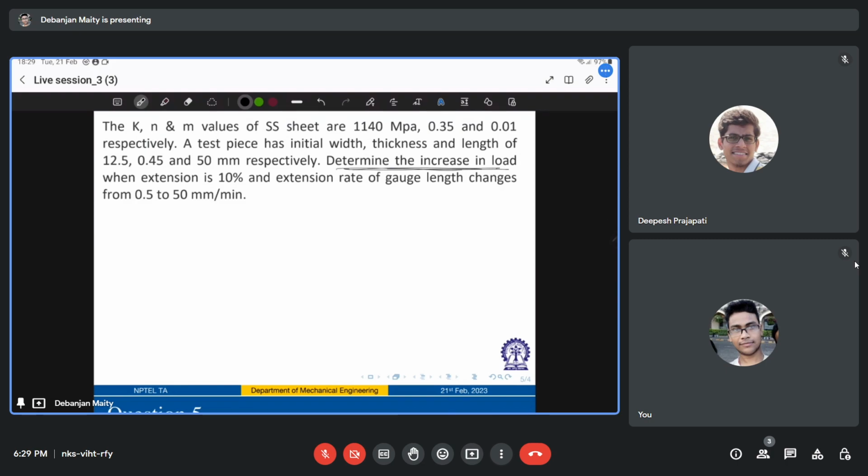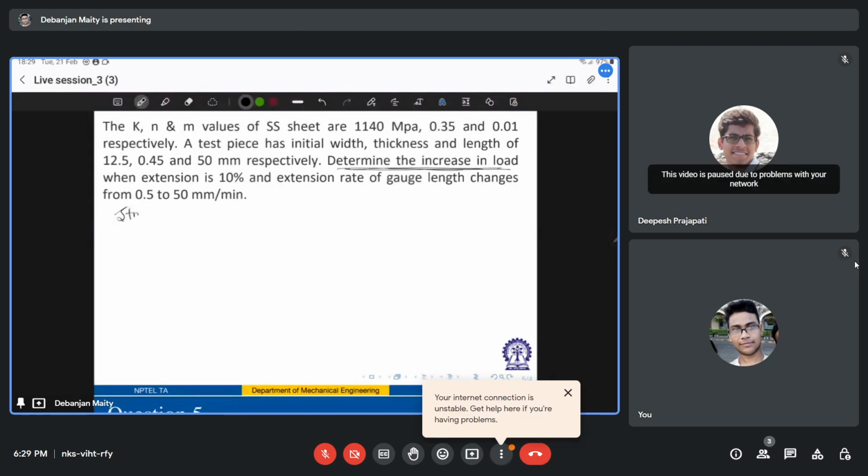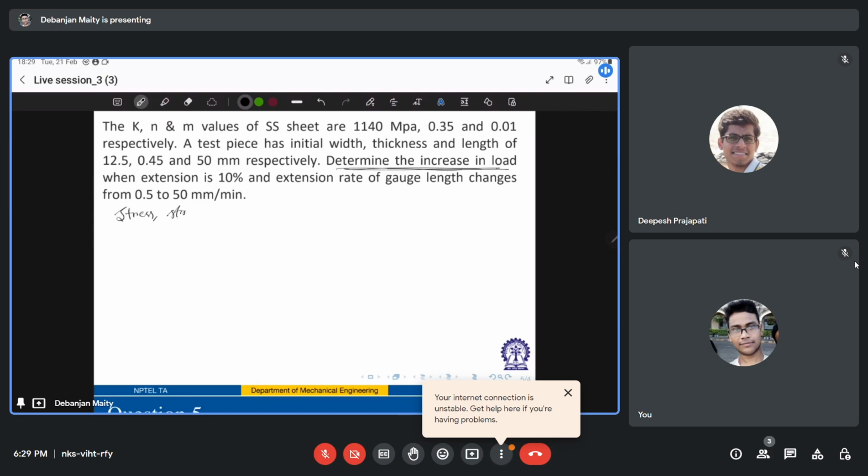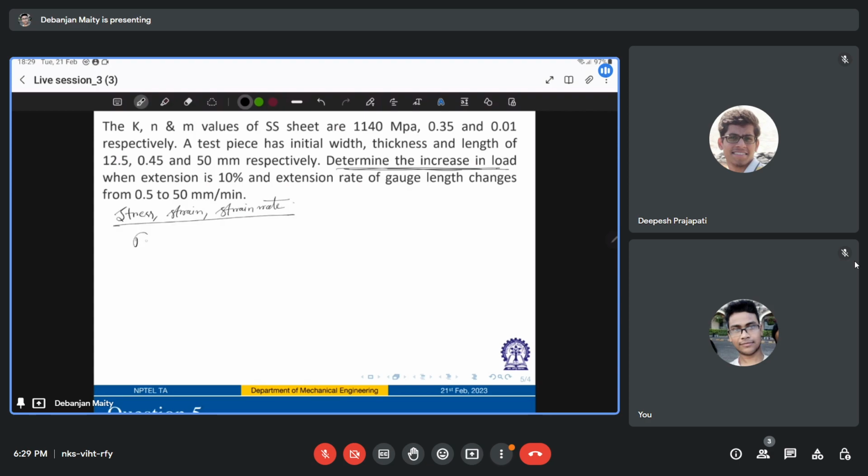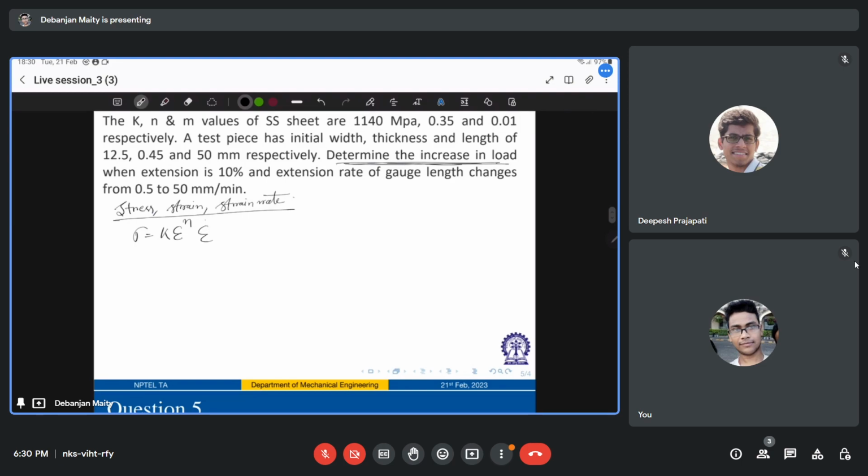Now, in terms of this stress, strain, and strain rate relationship, we are aware of this equation. Right? So n is strain hardening coefficient, not strain hardening coefficient.